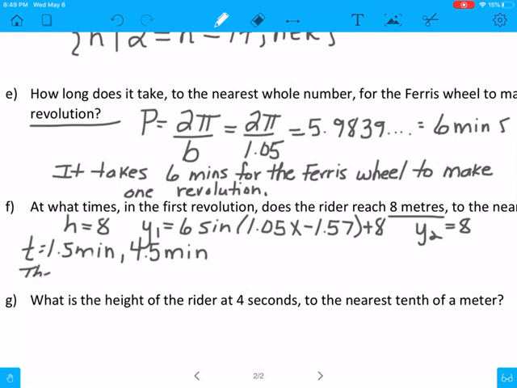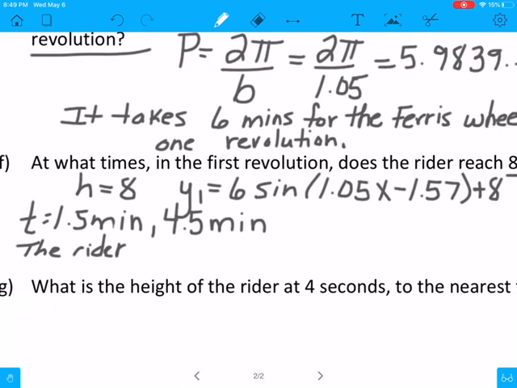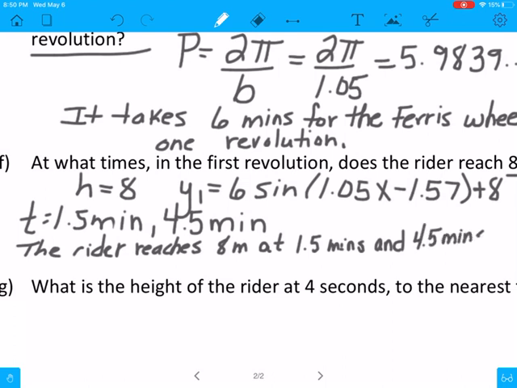The rider reaches 8 meters at 1.5 minutes and 4.5 minutes in the first revolution.